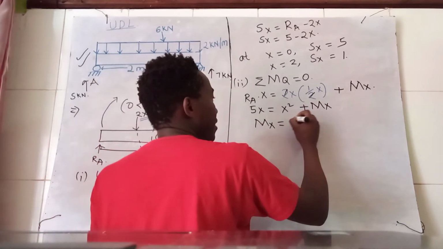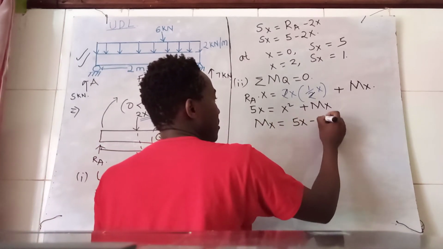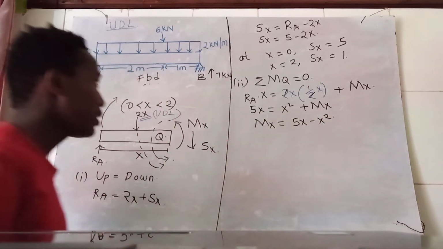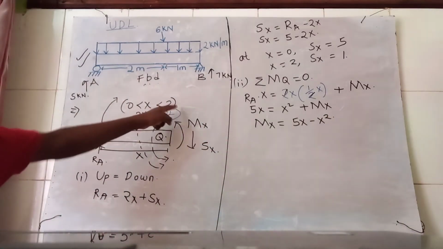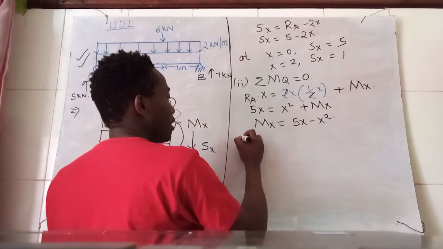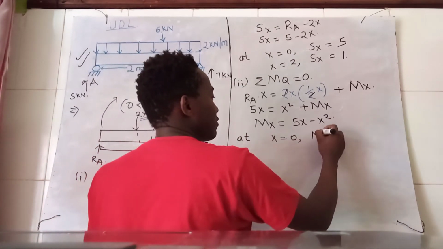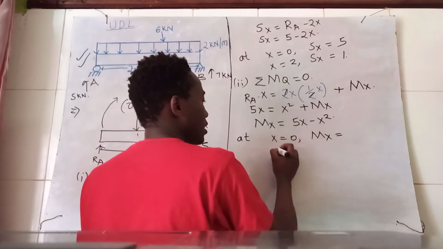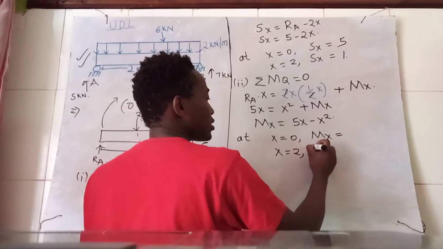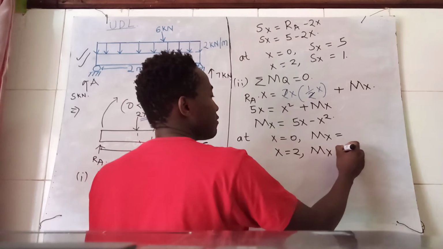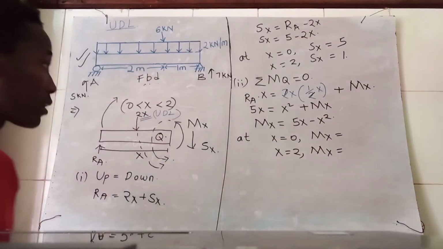Mx will be given by 5x minus x squared. Then our limits 2 and 0. At x equals 0, what is the value of M of x? At x equals 2, what is the value of Mx?